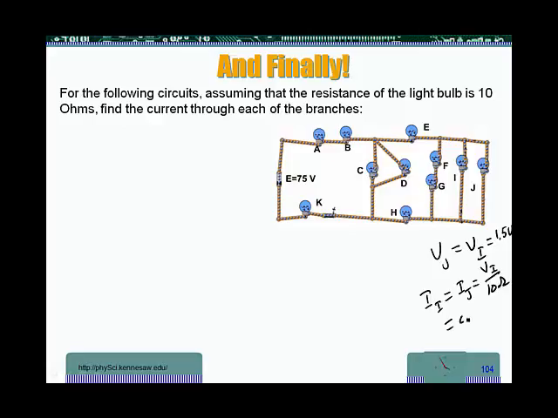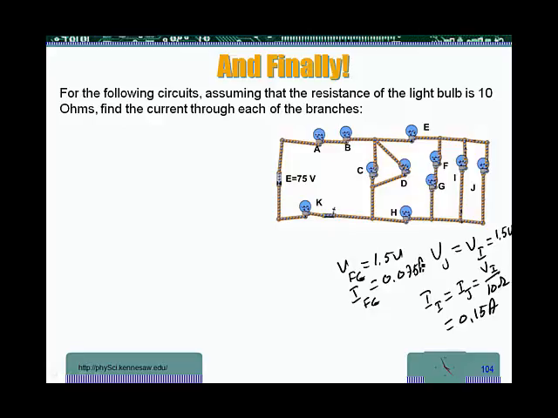So it's going to be 0.15 amps. Now, the voltage across FG is also 1.5 volts. But then FG is 20 ohms in this case, so the current IFG is going to be 0.075 amps.